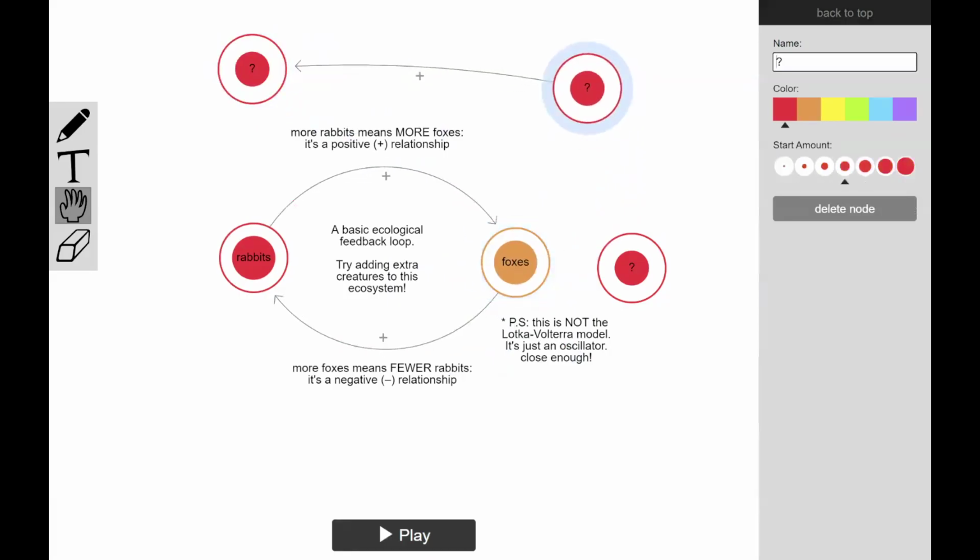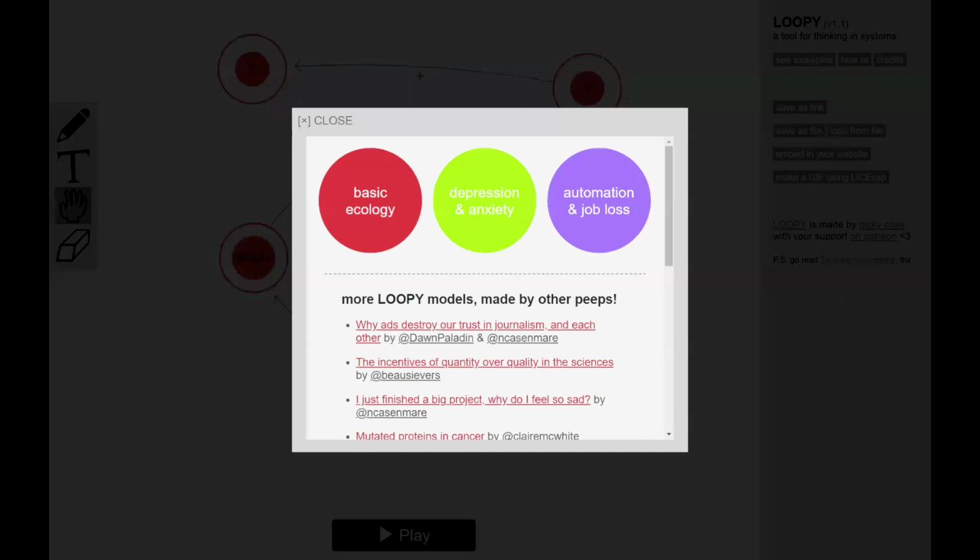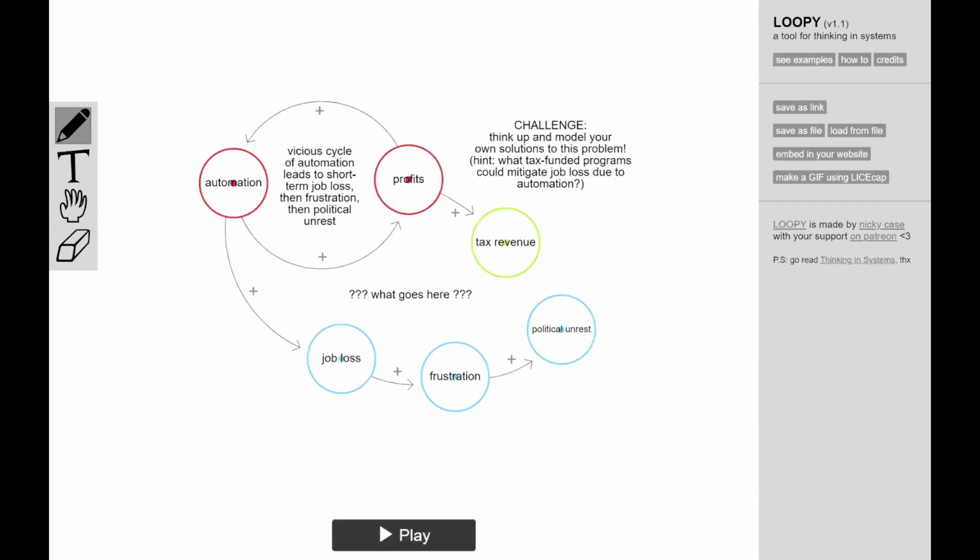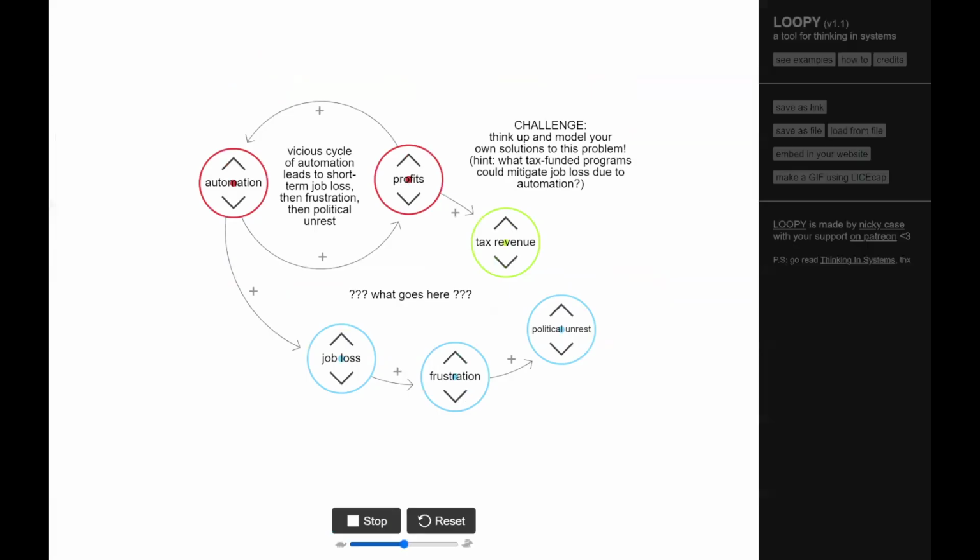Is there a more popular depression and anxiety one? No automation in job. Why is depression and anxiety a positive reinforcing loop? Damn. So apparently this is more complicated.